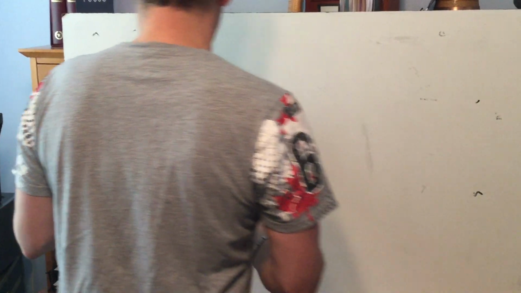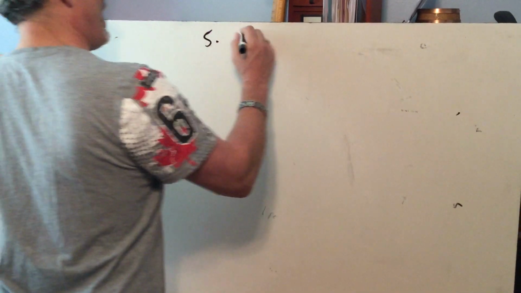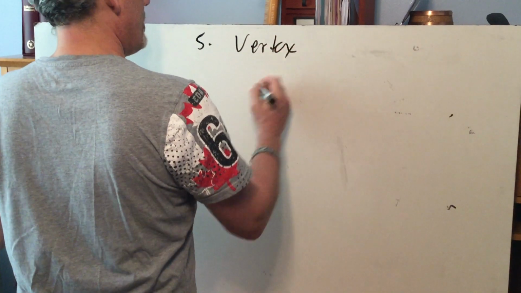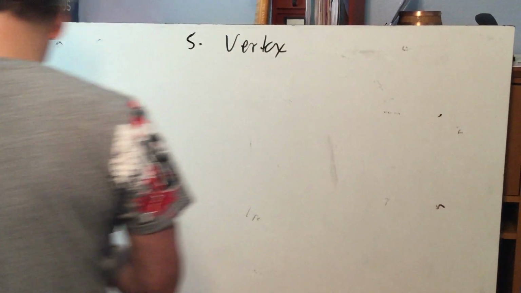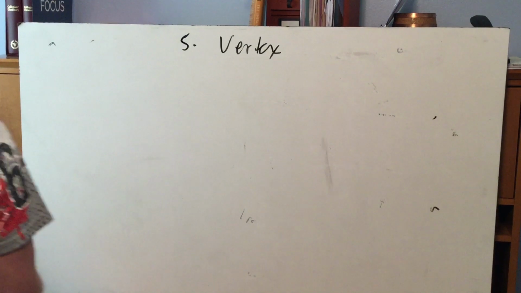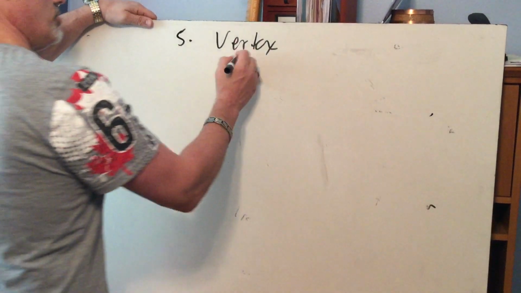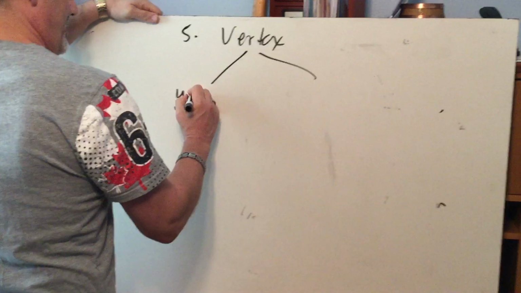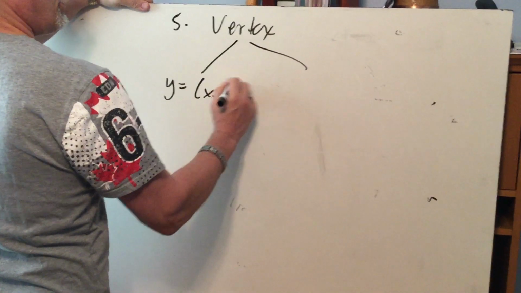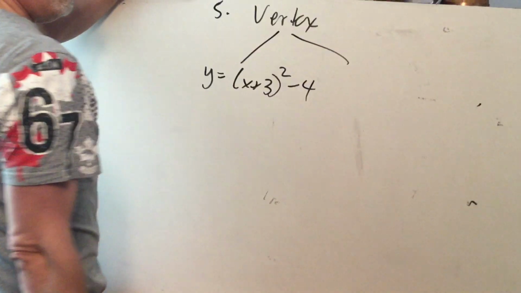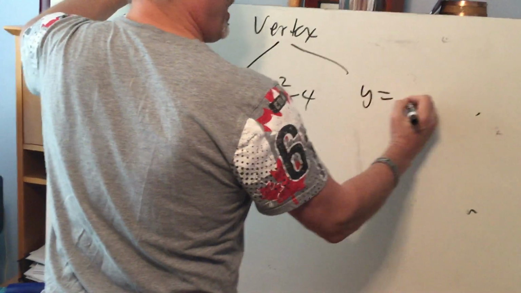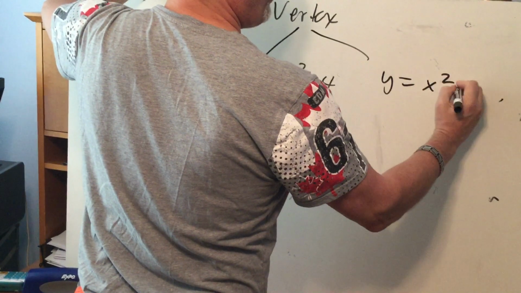All right, number 5, vertex. Now, there were 2 ways to find the vertex. There was the one way when I gave you this, and then there was another way when I gave you something in standard form.